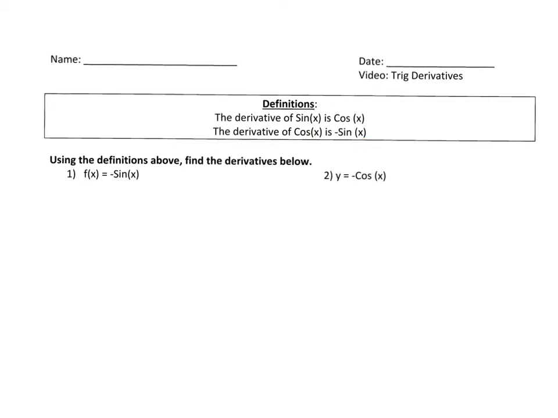Now, we're going to use these definitions to find the derivatives of, say, negative sine. So this is that constant multiple rule, such that if I'm wanting to take the derivative of f of x equals negative 1 times sine of x, I technically can take the derivative of sine of x and then multiply it by negative 1.